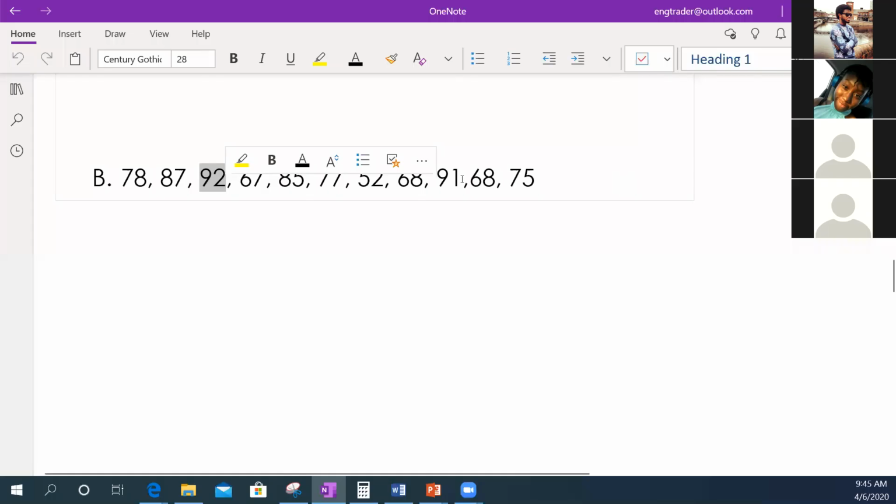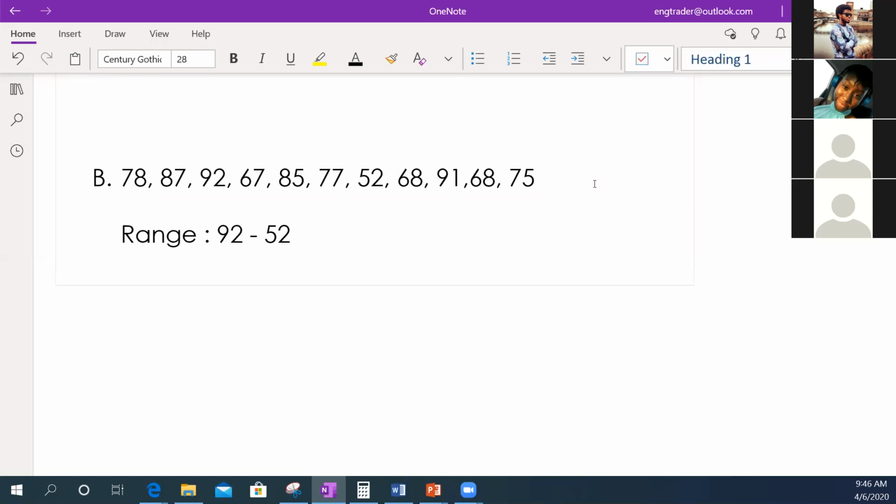You want to be careful because I could have spotted 91 and said, you know what, 91 is the highest, and completely missed this 92 here. That's something you've got to be mindful of. The lowest one was 52. So the range is equal to 92 minus 52. For this one, we got 40%.